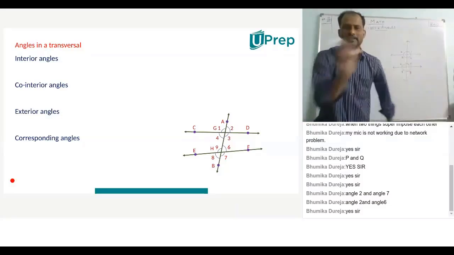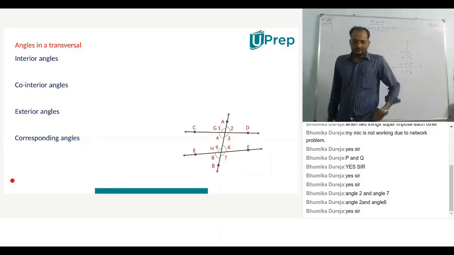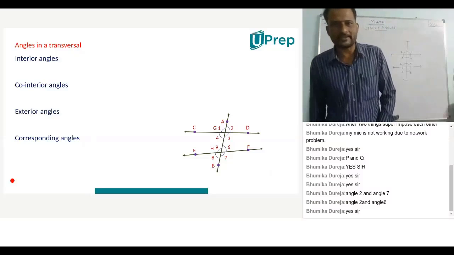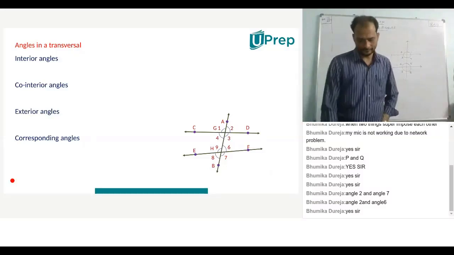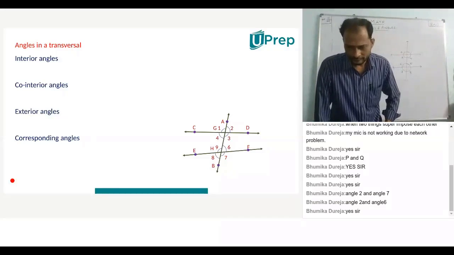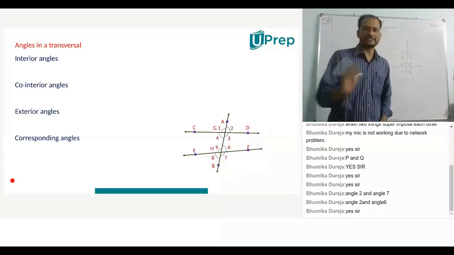Write down beta. Define corresponding angles. Did you write the question? Yes, sir. Right. Now write down the answer.